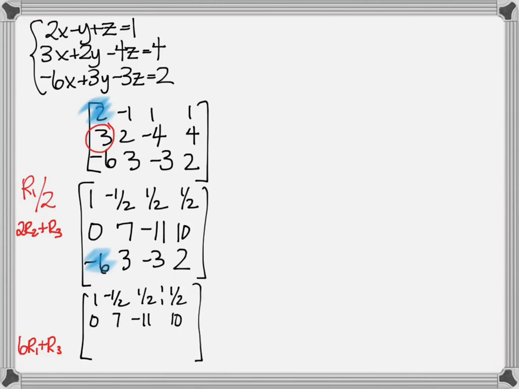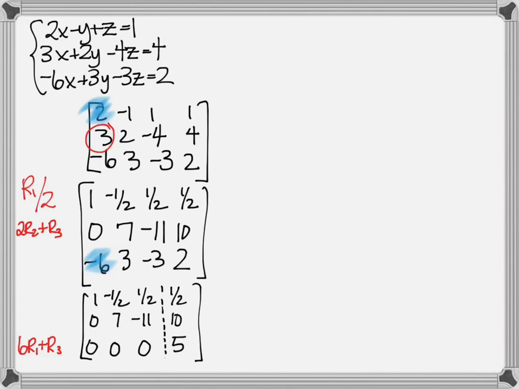And you'll see sometimes I get lazy and don't put the dotted line, but that's okay. All right, so my first position is going to be 0. 6 row 1 would be negative 3 plus 3 is 0. 6 row 1 would be 3 plus negative 3 is 0. 6 row 1 is 3 plus 2 is 5.